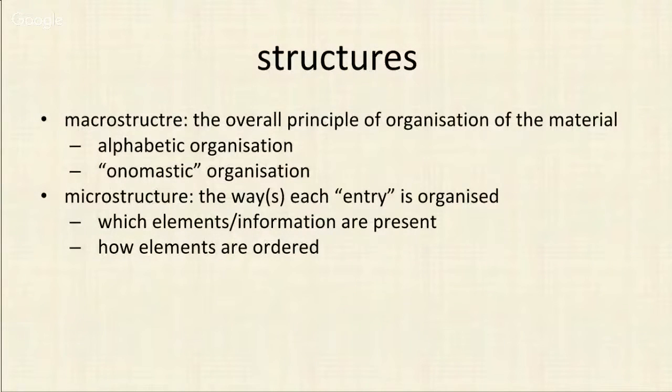On the other hand, there are very different ways to structure the material. Although in lexicography we have reached a kind of consensus, and we speak at least of the macro structure and the micro structure.